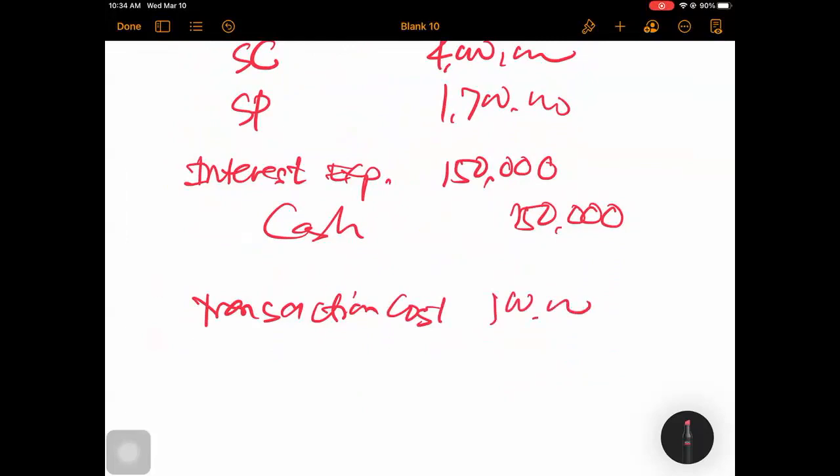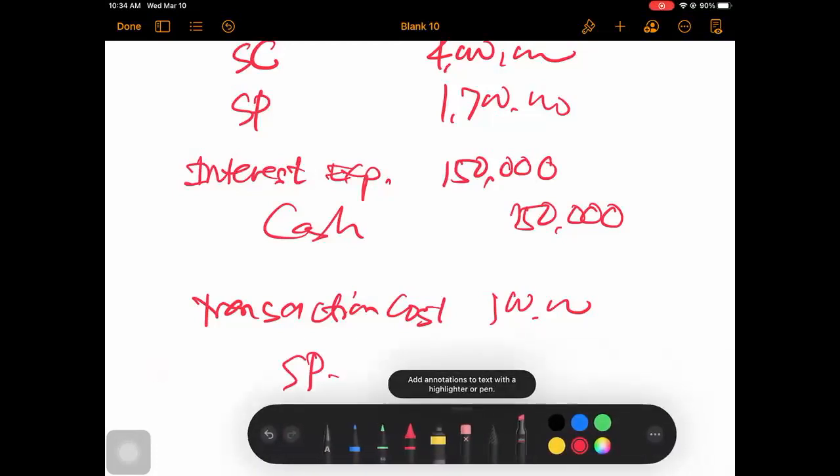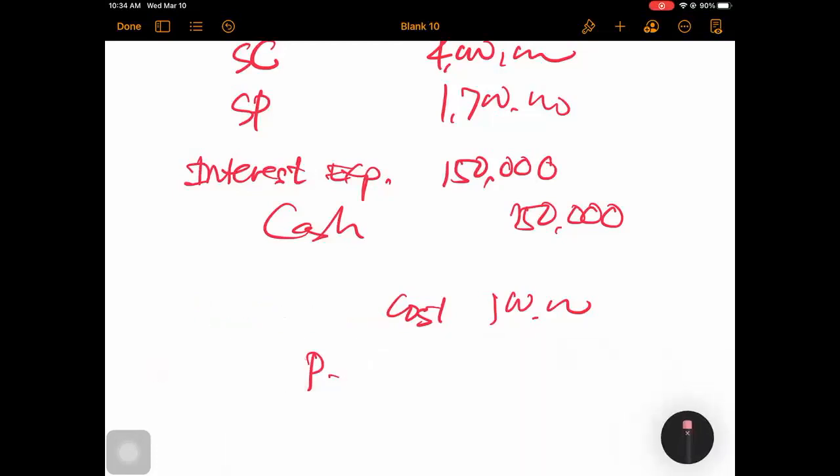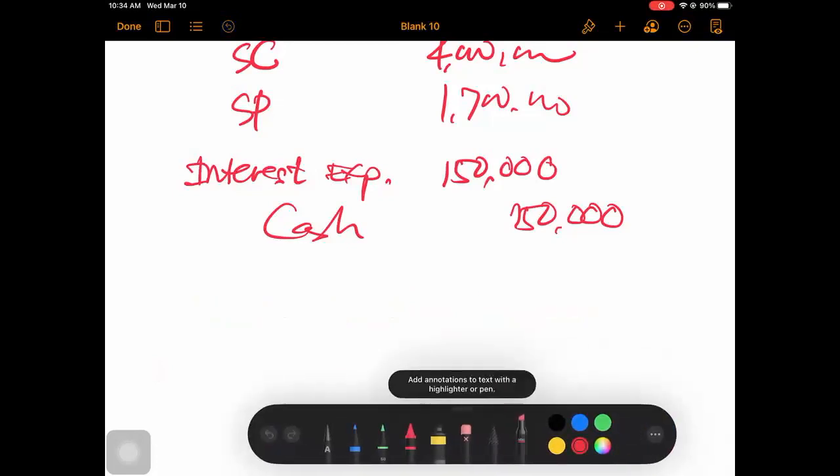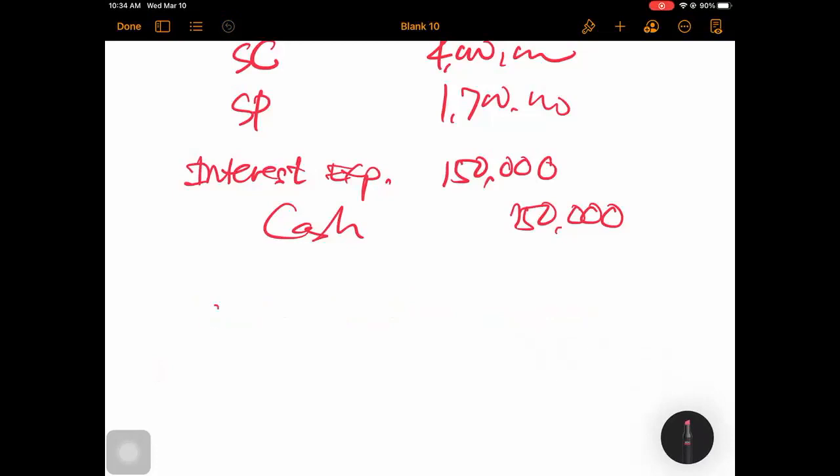Dapat credited to your share premium, because gibayaran na nato siya. So the transaction cost is accounted to your share premium. So it's a deduction to your share premium from issuance. Then we pay for the transaction cost of 100,000.